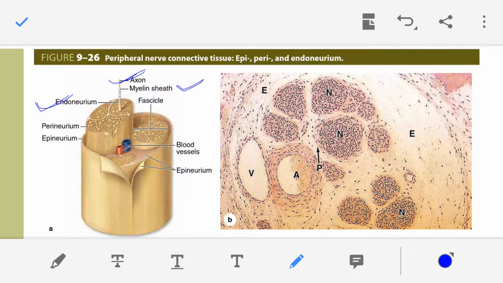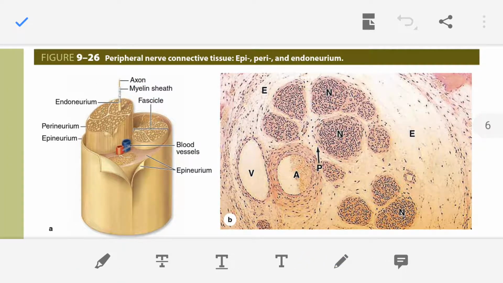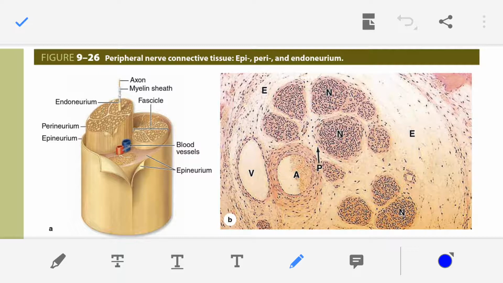Okay, so many axons together form a bundle. This bundle of axons is known as the fascicle. And the connective tissue present around the fascicle is known as the perineurium. So this one is a fascicle, this one is a fascicle, this one is a fascicle.